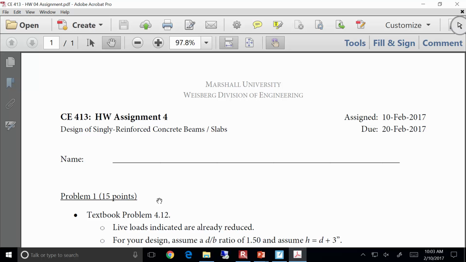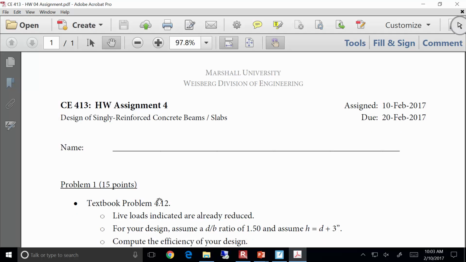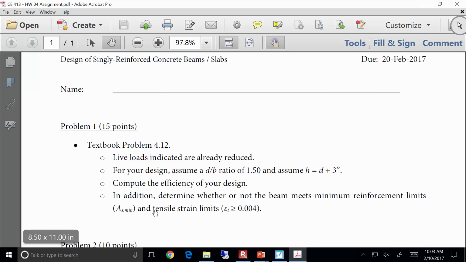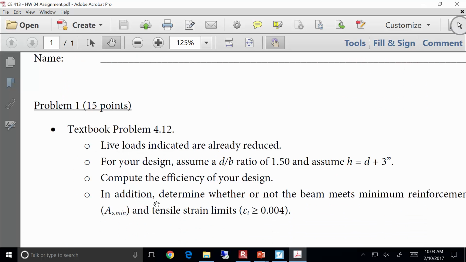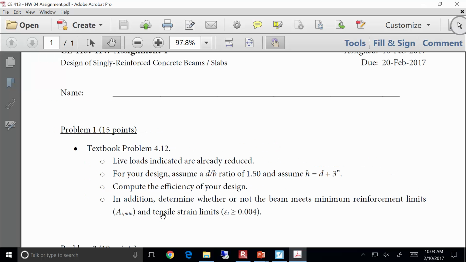Here you go. Does everybody have one? You really need to pay attention to this, so bear with me. Number one, on this problem, you need to do problem 412, but I'm doing a couple things to clear it up.